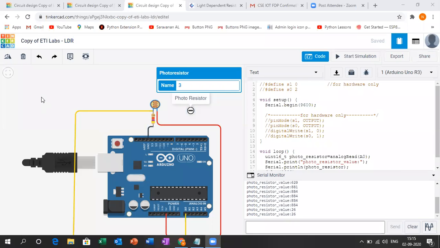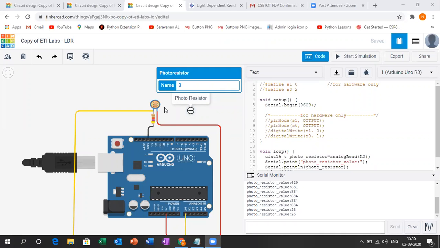Now I'm going to share my screen. I start with the LDR first. Everyone can see it, sir? Yes, it's visible.